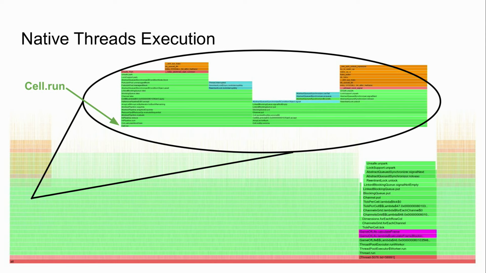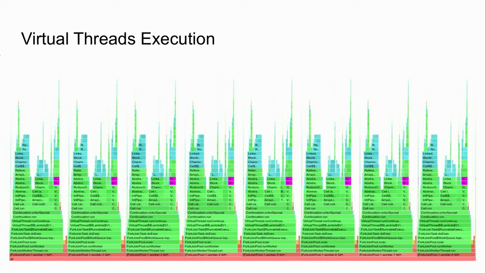Now, let's give a look to the virtual thread implementation. This is quite interesting, I believe, because it gives you really an idea of how virtual threads work. I have 8 here. Why 8? Because I'm seeing the carrier threads. As I said, my machine has 8 cores, so I'm seeing the 8 carrier threads.